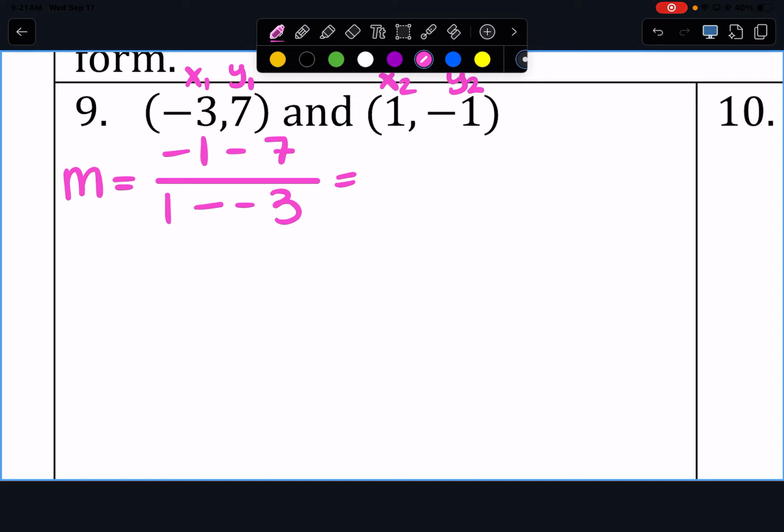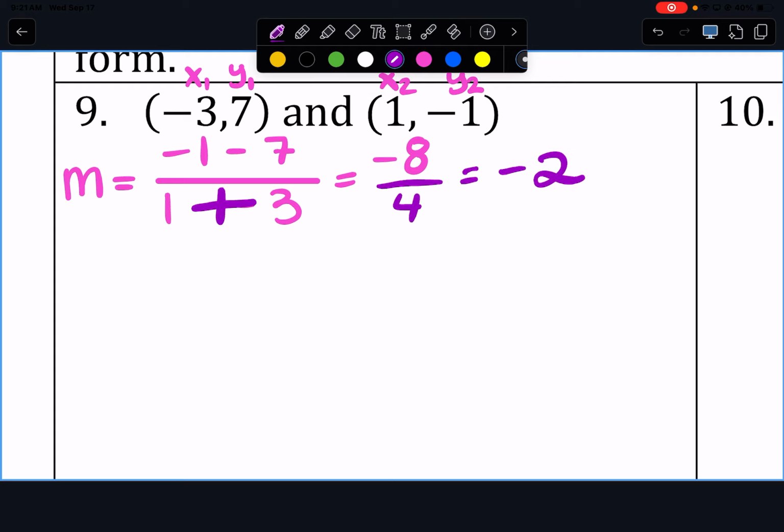So we have negative 1 minus 7, which is negative 8. Then in our denominator, we have 1 minus negative 3. What is that going to be? That is 4, because when we subtract a negative number, we add. Can we simplify negative 8 over 4? To negative 2.